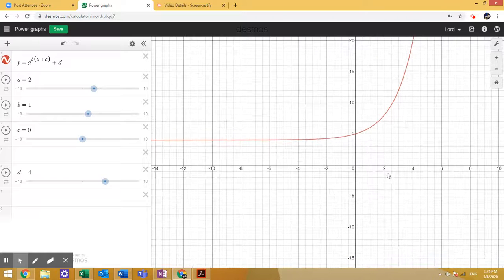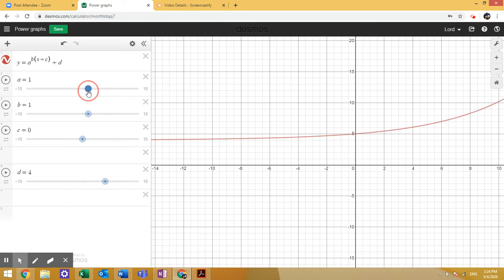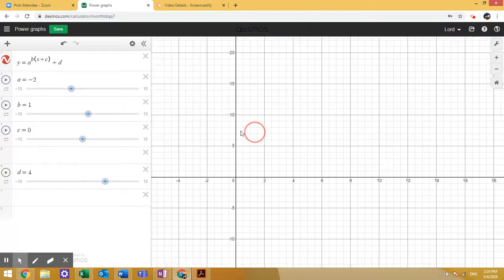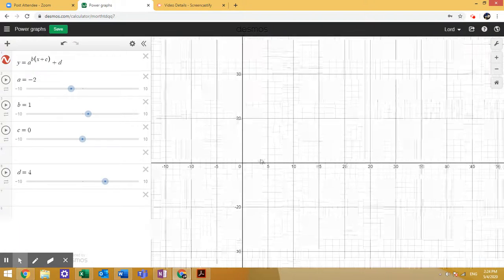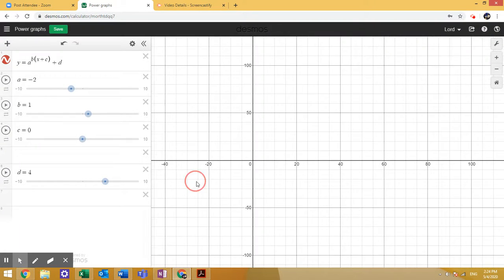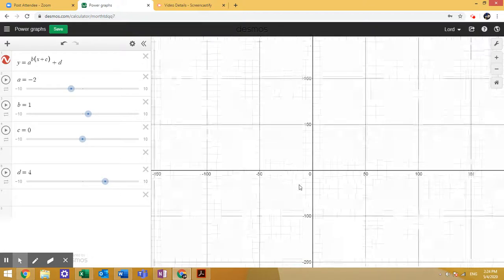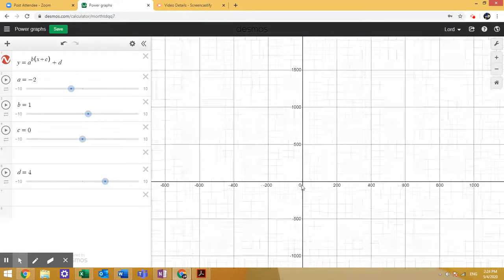So if I wanted to turn that around, if I needed it to get really close to a line on the right and not touch, I would change this to negative. So let's change this to -2. And there it is. Where's my graph gone? It's still there. It's just disappeared beyond view.